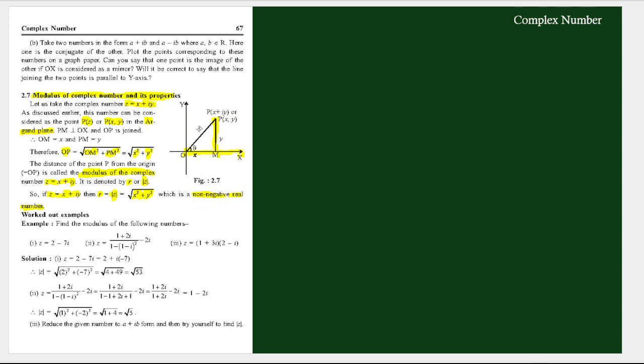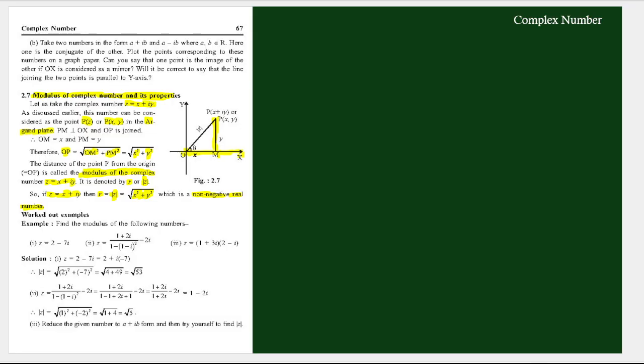So whenever we put this modulus symbol, it always gives us a non-negative number. Fine. So modulus is nothing but the distance from the origin to the point of the complex number. Do you understand now what is the modulus of a complex number?